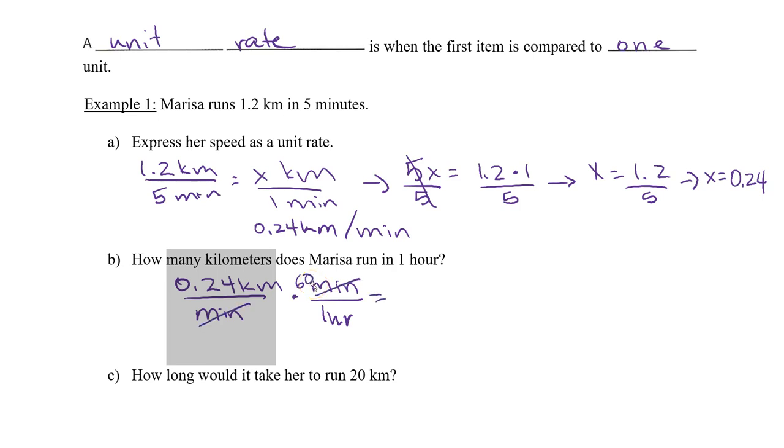So 0.24 times 60, and we've got 14.4 kilometers per hour. That should be hour.